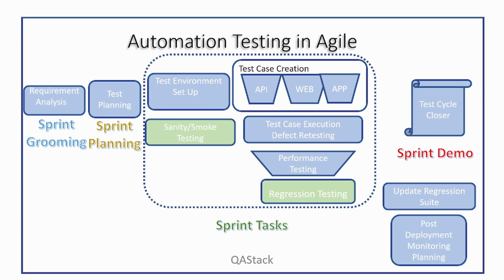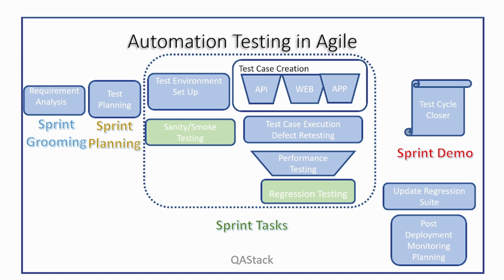This diagram depicts the testing process in an agile development, starting with requirement analysis, which should be done as part of sprint grooming. Under this, the requirement should be thoroughly understood, and in case of any missed test conditions, clarifications should be received from the product owner or the developer.